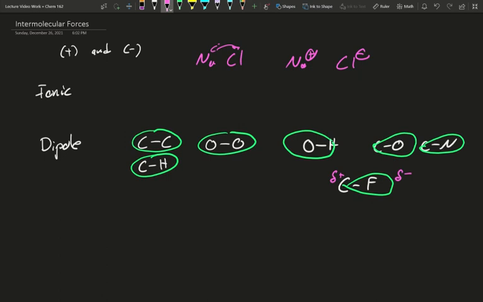These are still sharing, it's just uneven sharing. Nonetheless, this is permanent. This is just part of the bond. As a result, there's a positive and a negative end to all of these bonds. Well, if you have two poles, a positive and negative, you have a dipole. This is a dipole bond, a polar covalent bond.